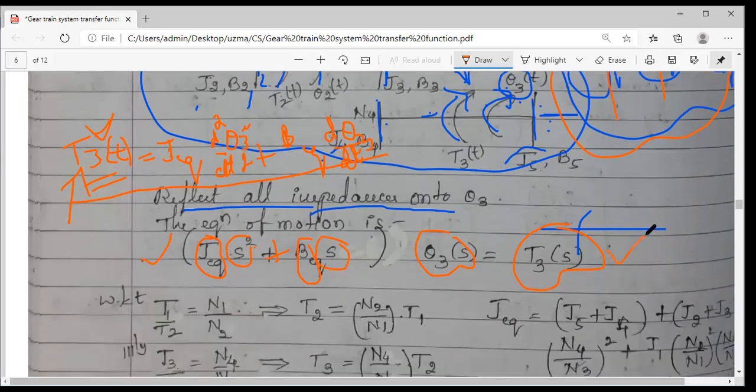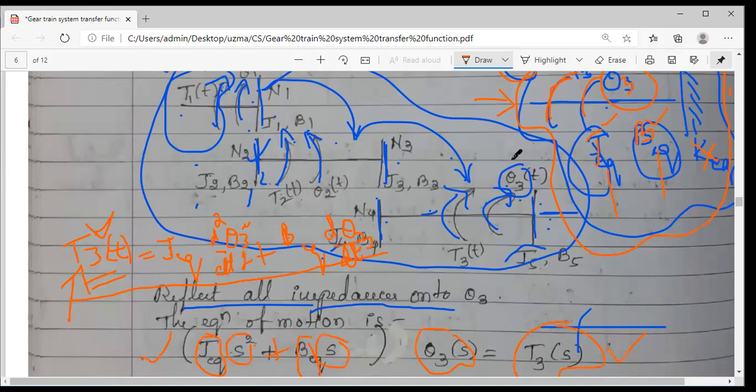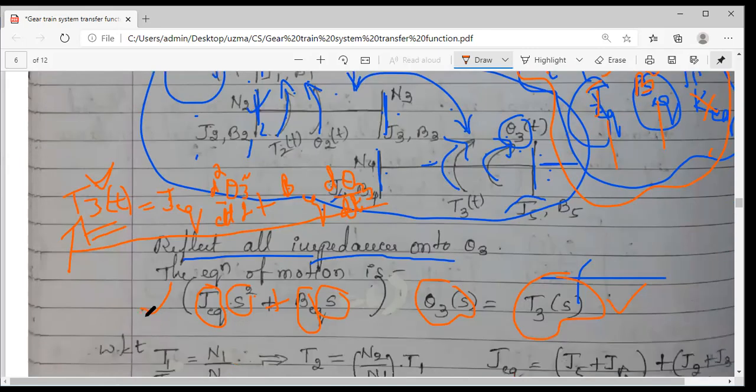For the displacement at node theta 3, you have to write the torque equilibrium equation, and then apply the Laplace transform. You will get this equation. Okay, so this is your equivalent equation for the equivalent mechanical network.